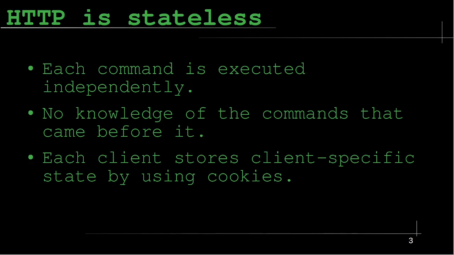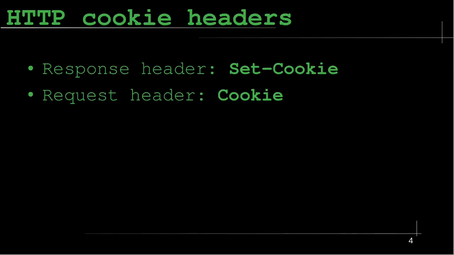This is typically done using cookies. A cookie is a piece of information stored on the client, which gets sent back to the web server on each request. There are two HTTP headers involved in the handling of cookies between the client and the server. First, we have the response header, Set-Cookie. A cookie is saved in your web browser when you receive a Set-Cookie header from a web server.